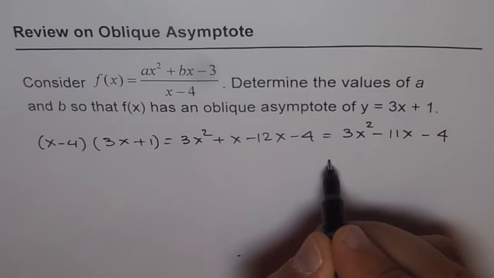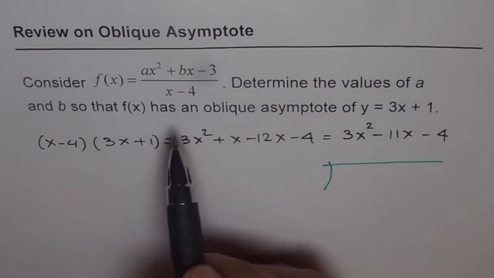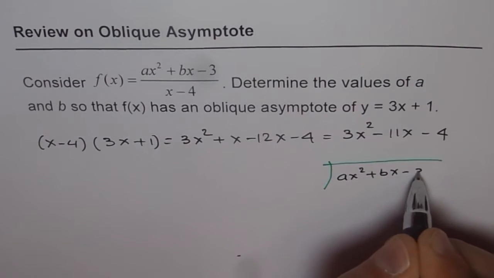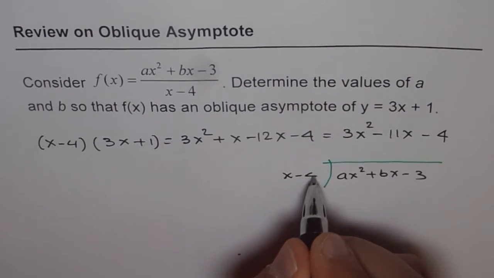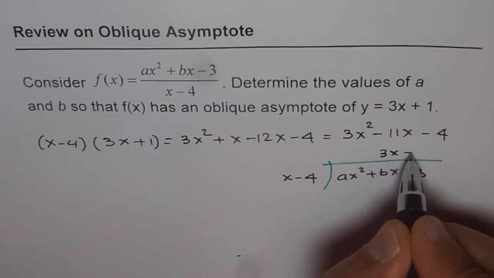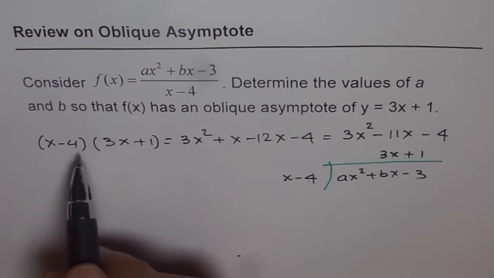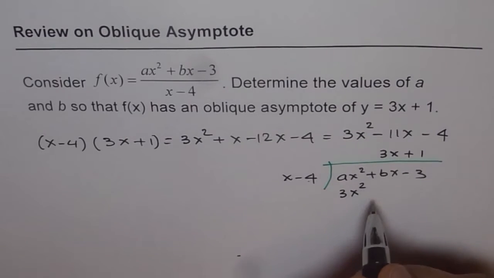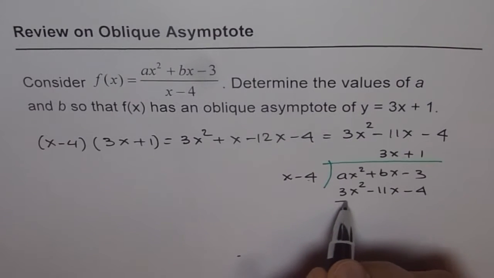When we divide the numerator ax squared plus bx minus 3 by x minus 4, we should get quotient 3x plus 1. And now we know x minus 4 times 3x plus 1 is all this, that is 3x squared minus 11x minus 4. That is it.